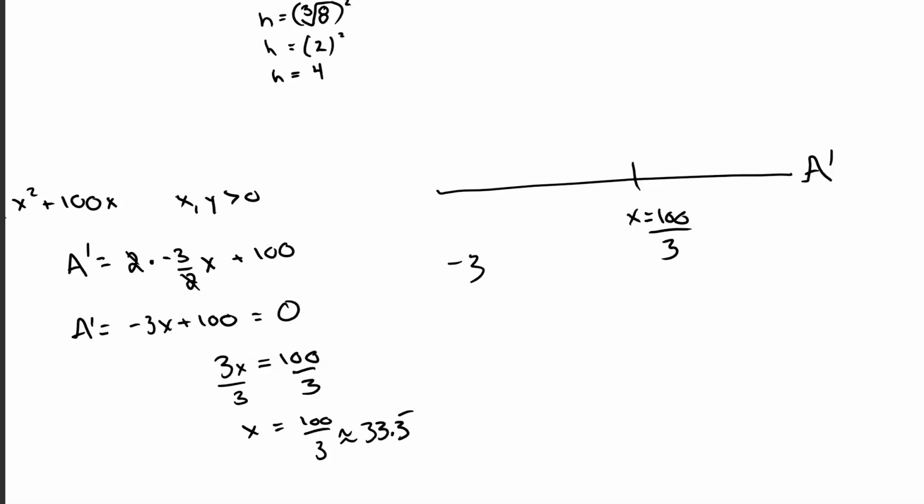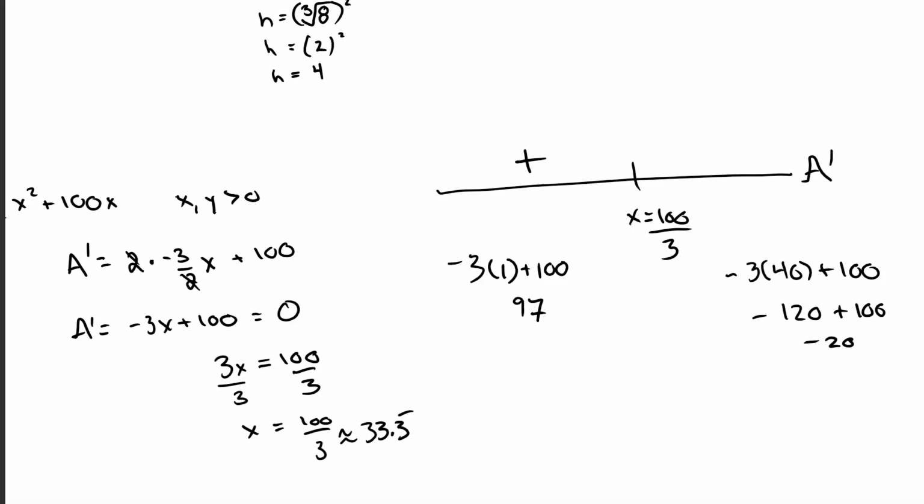So negative 3 times 1 plus 100 is 97, so positive. And then negative 3 times 40 plus 100, negative 120 plus 100, negative 20, so negative. So if we go from increasing to decreasing, we've got a max here.